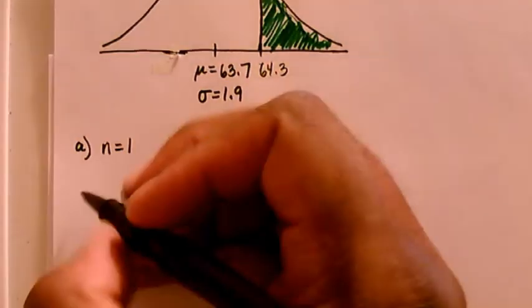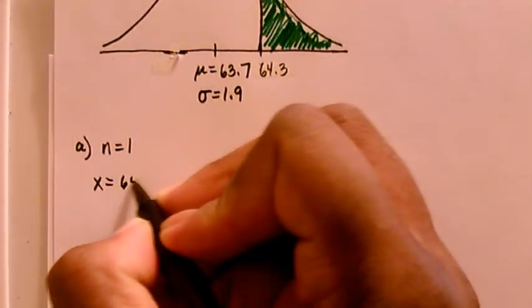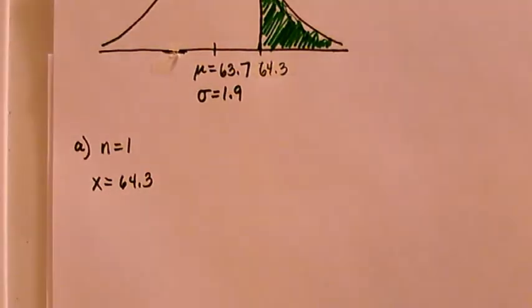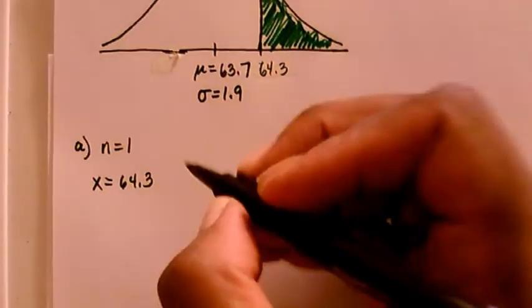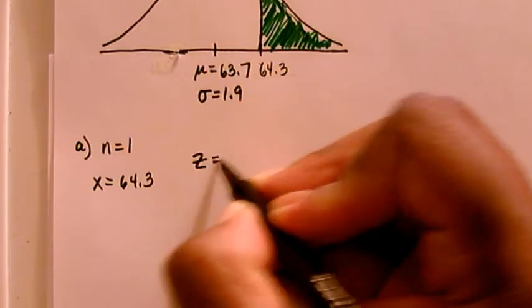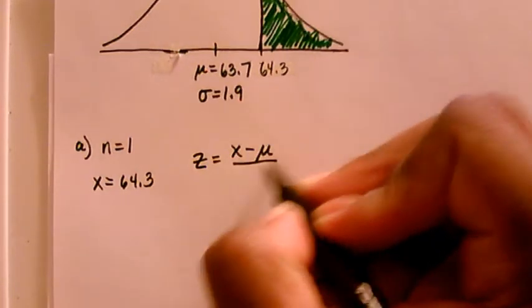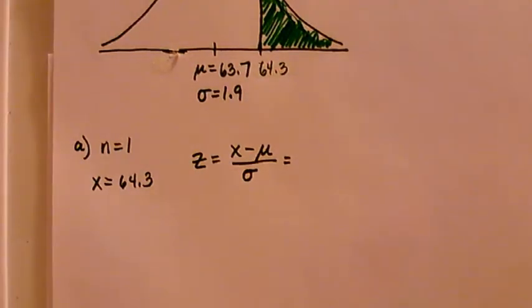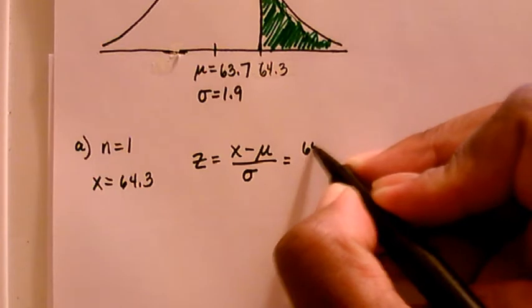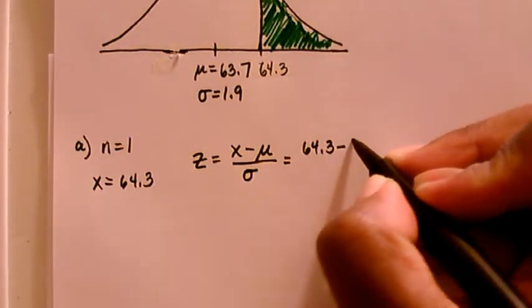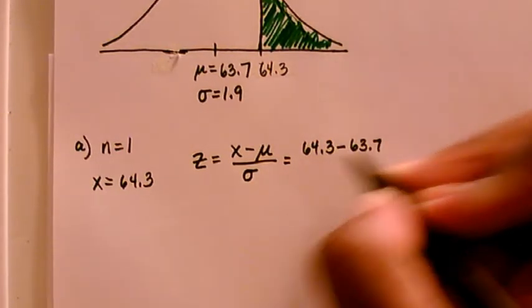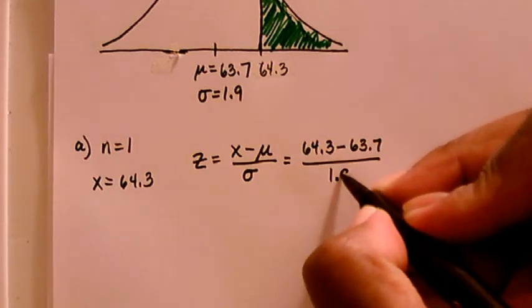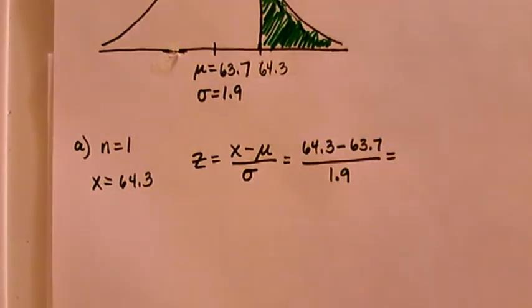So in this case, we need to convert 64.3 to a z value. And in this case, z is equal to x minus mu divided by sigma. And x is 64.3 minus mu, which is 63.7, divided by sigma, which is 1.9. Okay.